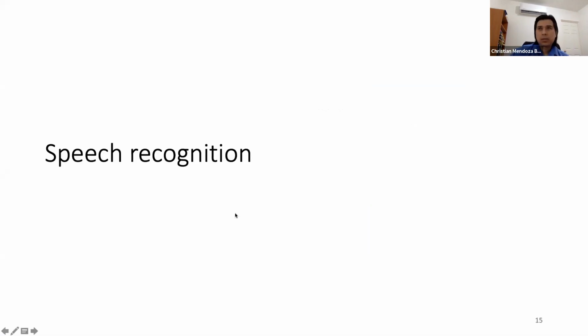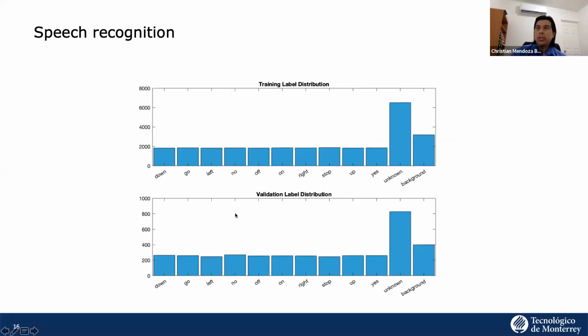So now let's start talking about speech recognition. What we wanted to do is demonstrate how to do some speech recognition. We took a data set from American English native speakers, with many samples from different people saying different words such as down, go, left, no, off, and so on.